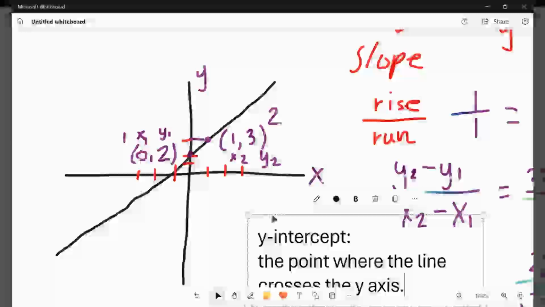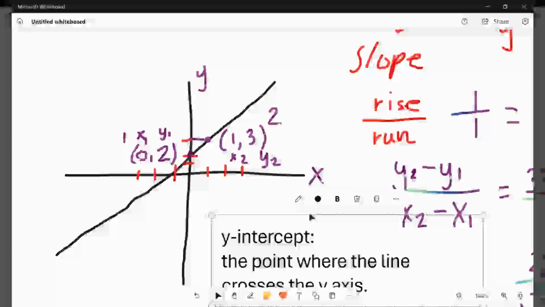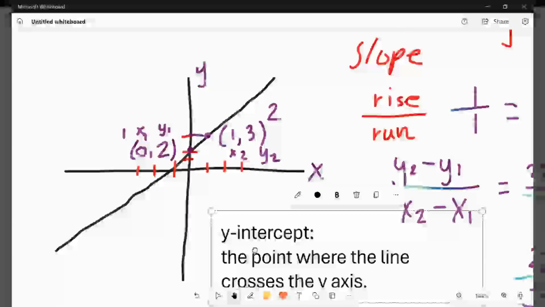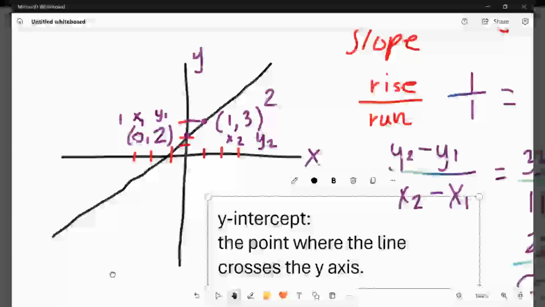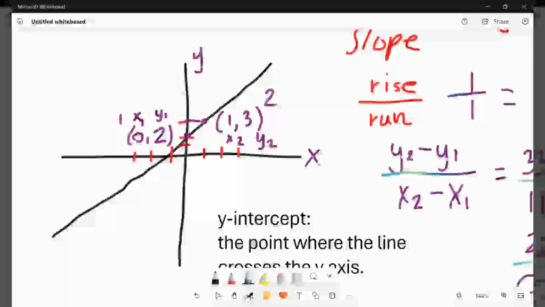So what that means, right, is not only will it be on the y-axis, that means that the x-coordinate is always 0, right? Because it's always on the y-axis, which is 0 in the x, right here.